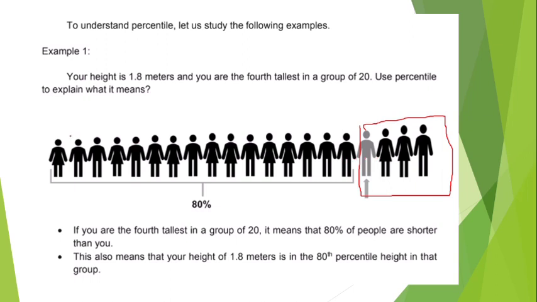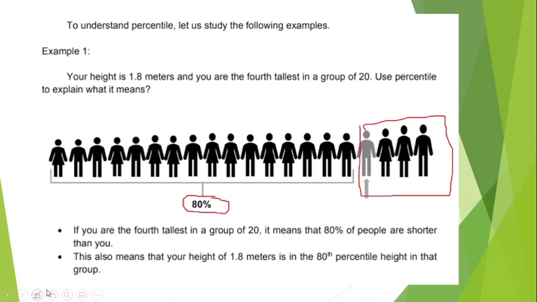Imagine this is 20. If you are the 4th tallest in a group of 20, it means 80% of people are shorter than you. So this 80% is the one shorter than you.